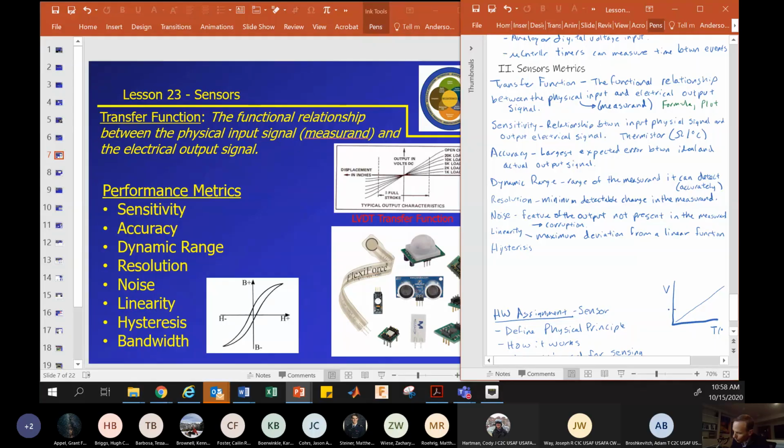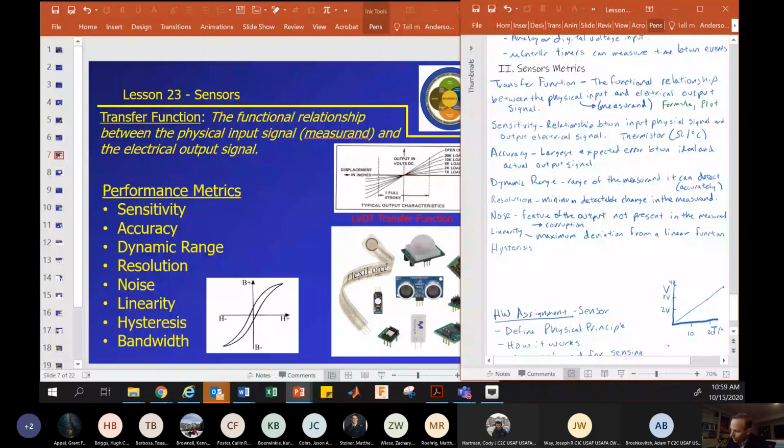And it changed 10 degrees. And then a moment later, I get 4 volts. And so I've changed 1 volt again. That means I added another 10 degrees. So in this case, if we're linear, 1 volt per 10 degrees.